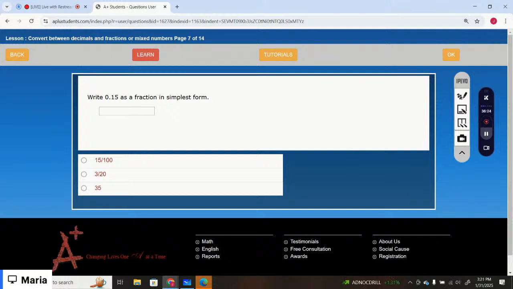See, write 0.15 as a fraction in simplest form. So which is the correct option? That is 15 over 100.